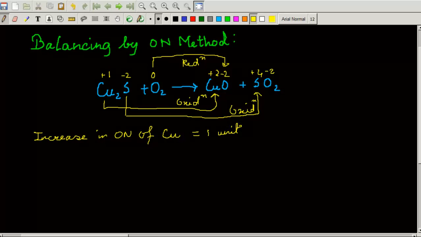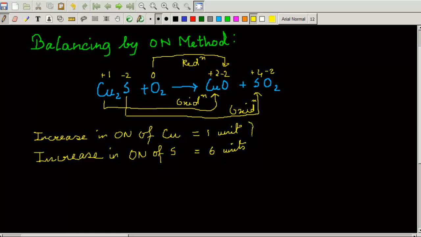Then the increase in oxidation number for sulfur is from -2 to +4, so it is 6 units.